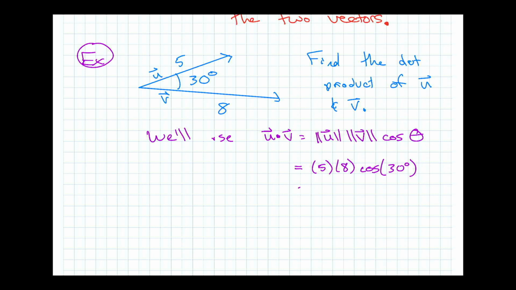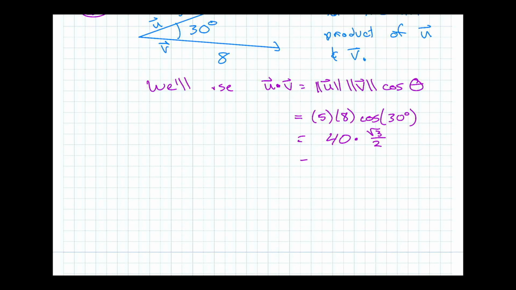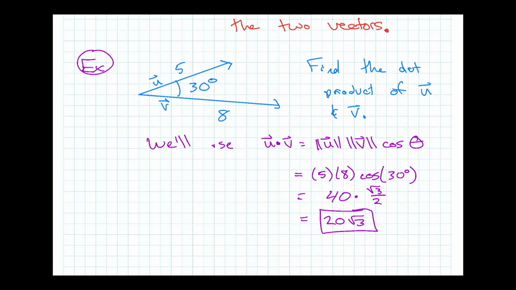So you work this out, that's 40. Cosine of 30 degrees, use a calculator if you have to, is square root 3 over 2. So overall, the result is 20 square root 3. That's the dot product between them. You could think of it just as an alternate way to find the dot product.